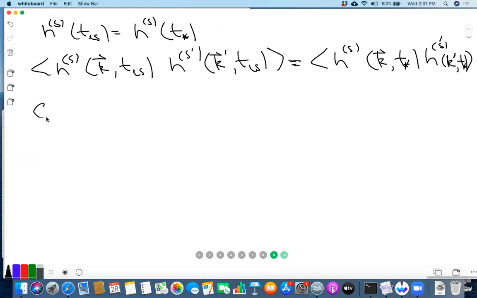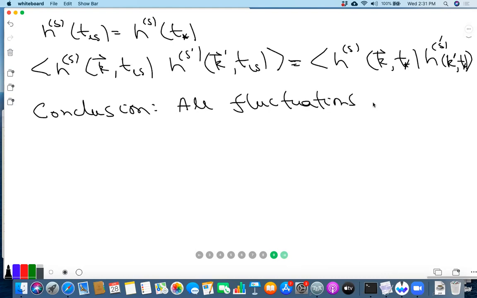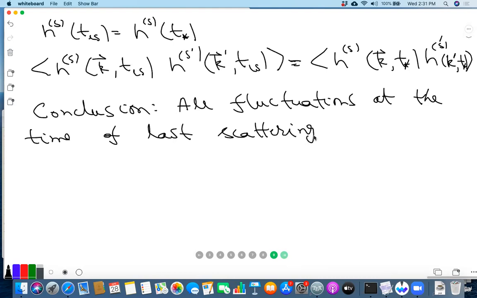So the net conclusion then is that all fluctuations at the time of last scattering are determined from two quantities.